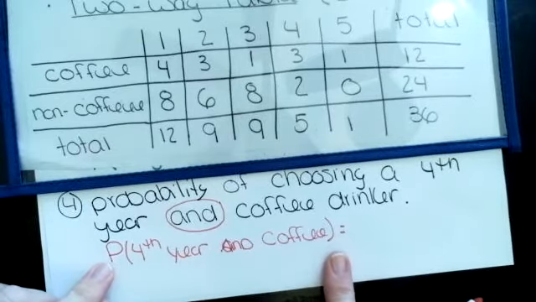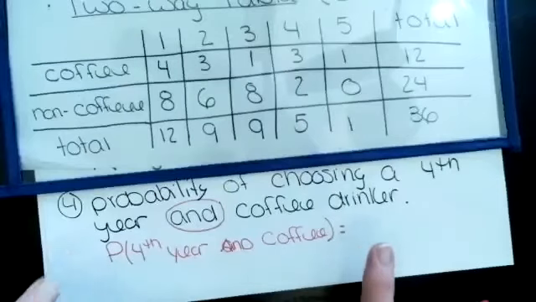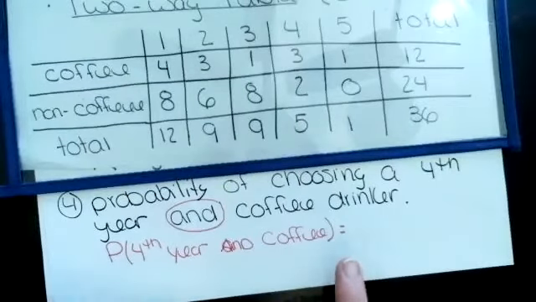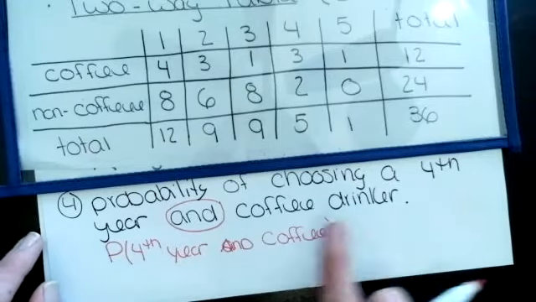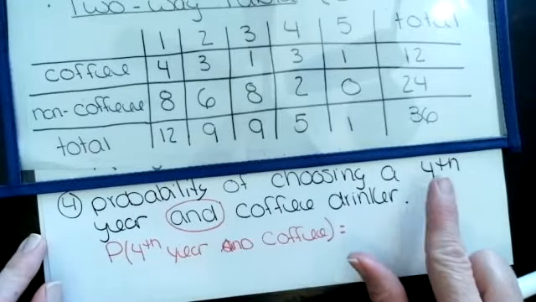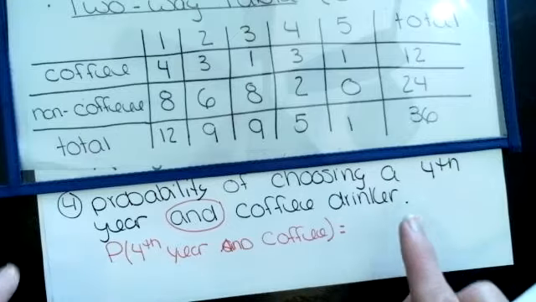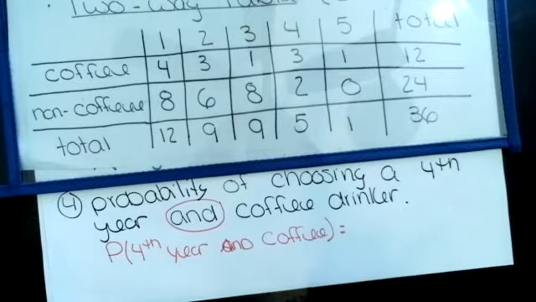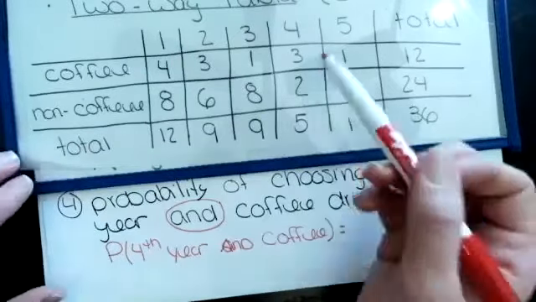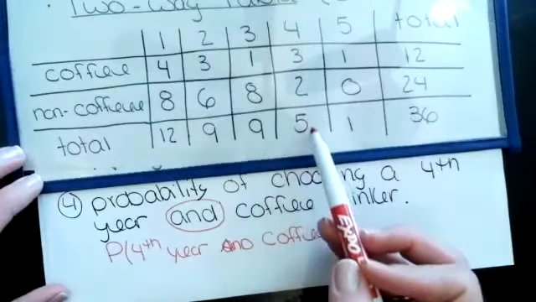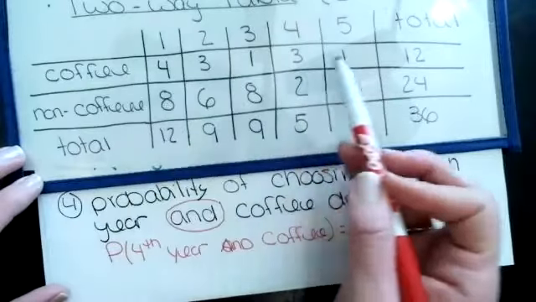Remember, what I'm going to do is shade in the events. It's just that in this case, I don't have 2 separate events because I'm looking at an "and," which means I want them to be where the intersection is. I want it to be the overlap of 4th year and coffee drinkers. So what I'm looking at is my 4th year column and those students that are coffee drinkers.